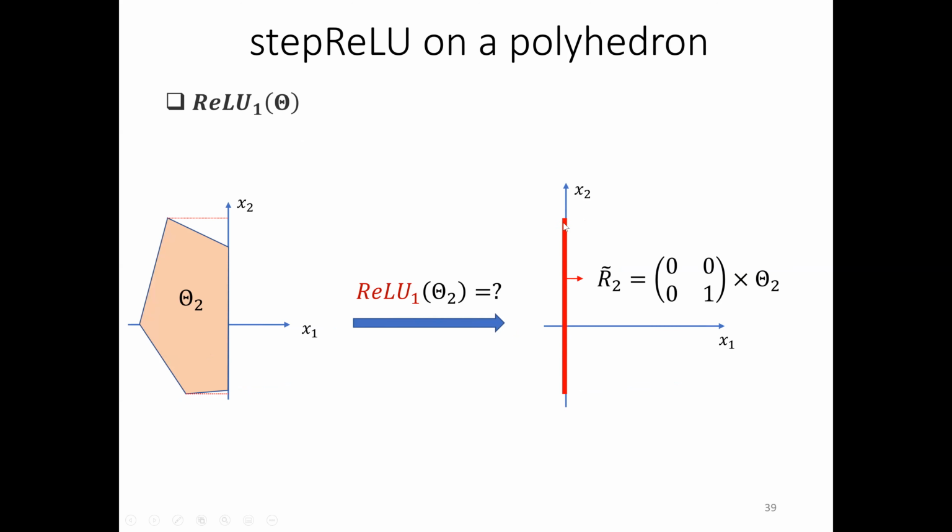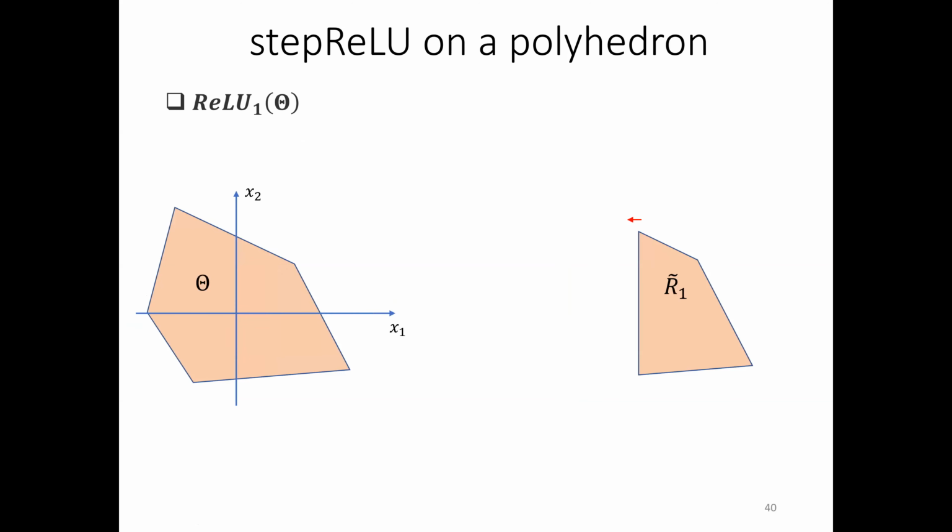We have this segment, and this segment is our mapping of Theta2, where we project x1 to 0. So after the first step ReLU operation on x1, we got two sets, R1 and R2.